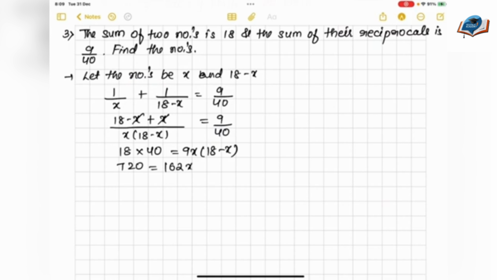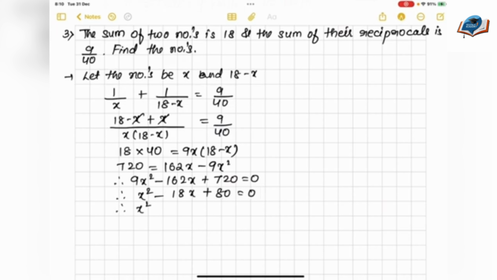So 720 equal to 162x minus 9x square. So therefore, bringing all the terms on one side, 9x square minus 162x plus 720 equal to 0. Dividing everything with 9, so x square minus 18x plus 80 equal to 0.